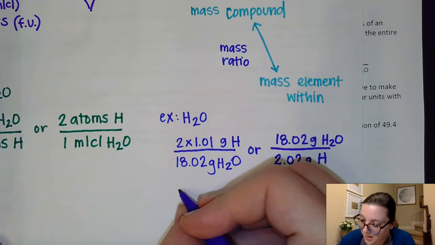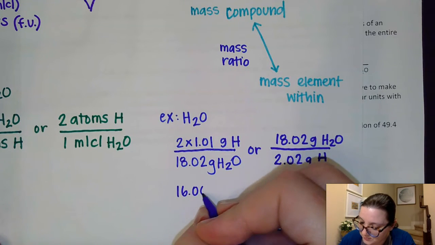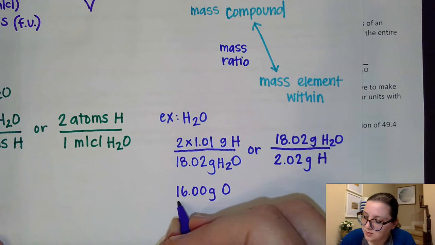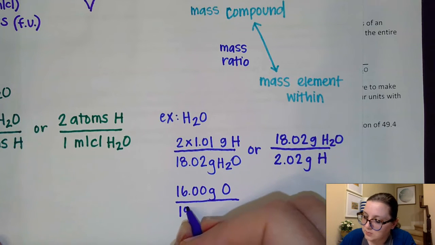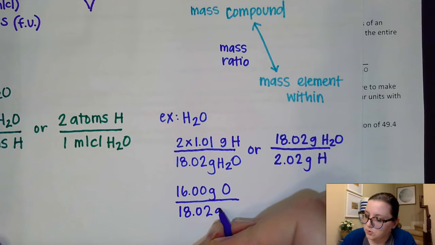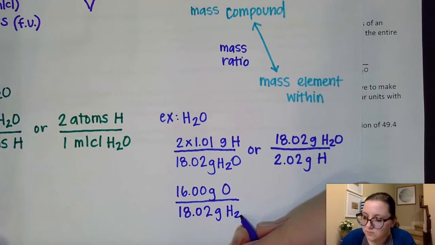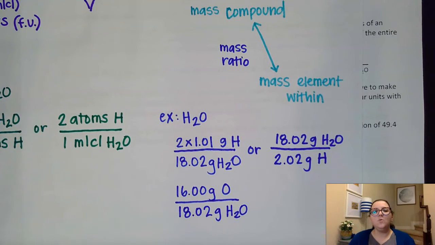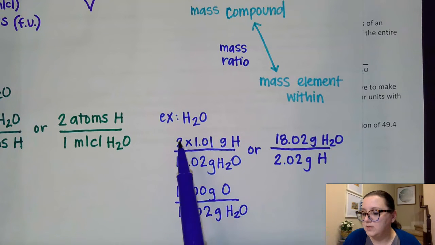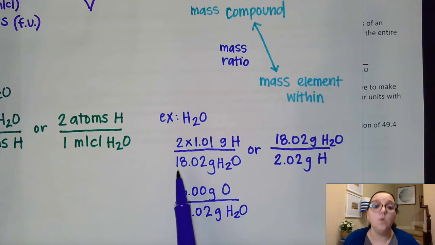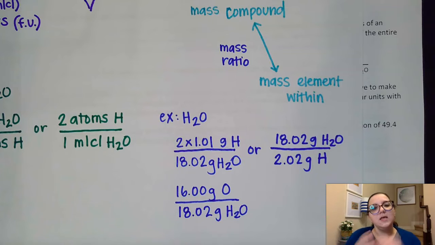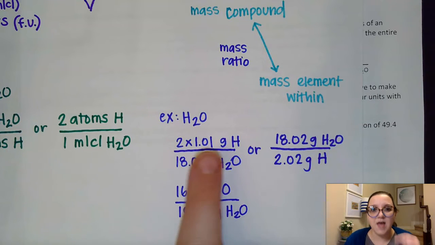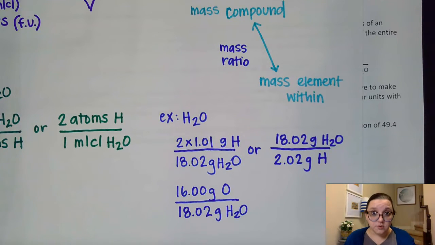It's just that there you would have 16 grams that came from the oxygen versus the 18.02 grams of the total water. So you notice these look very similar to what we were doing with percent composition, where we did the part molar mass over the whole molar mass times 100. It's just here, instead of multiplying by 100, we're just going to use that fraction as a conversion factor within our dimensional analysis.